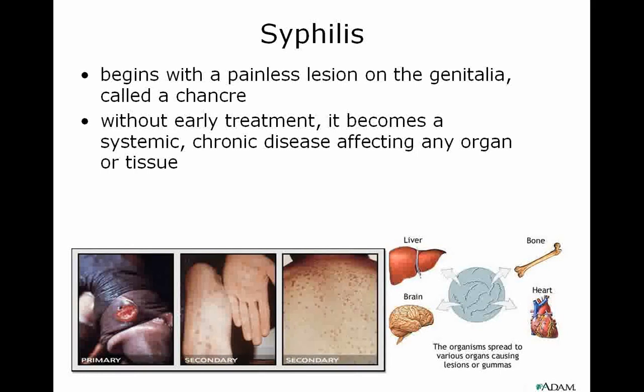or involve many organs, and I have pictures of the different organs in the body that may be affected. You see, these are major organs like the brain, the heart, and the liver. In 1 to 2 months, when the primary lesion heals, and the person doesn't have the canker anymore, the organism has actually spread through the body and multiplied, producing lesions in either the skin, lymph nodes, cardiovascular system, brain, spinal cord, either or all of those areas.